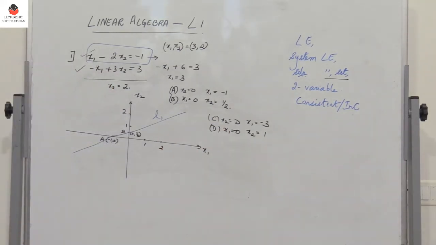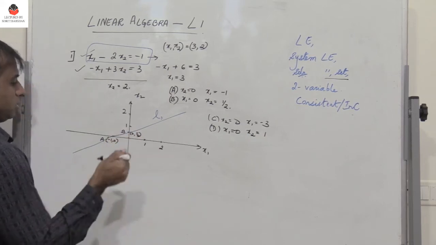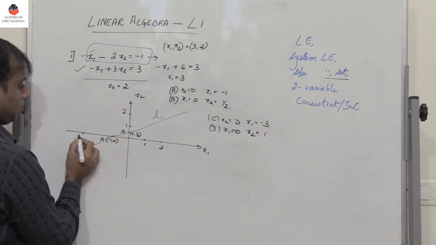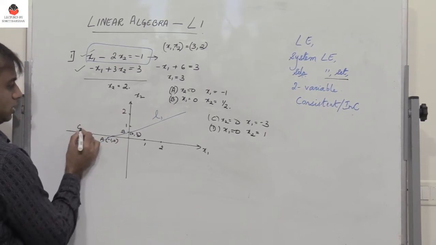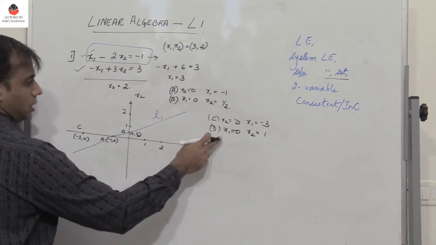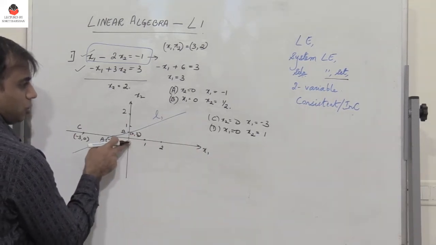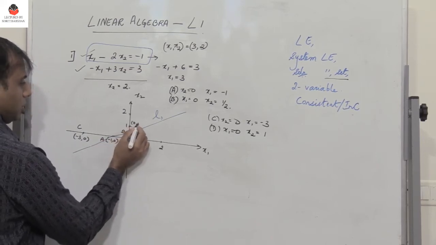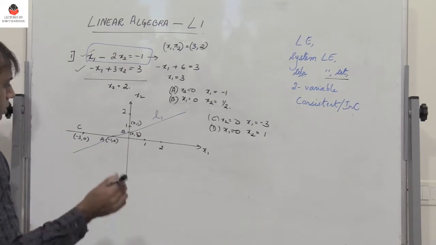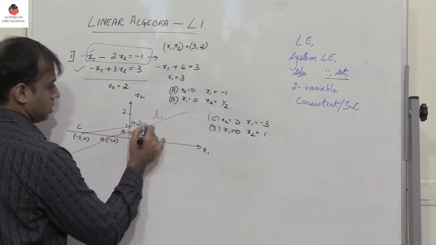When x2 is 0 and x1 is minus 3, I get the point minus 3 comma 0, which is point C. And then x1 is 0 and x2 is 1. So this is the point D, 0 comma 1. Now let me join these two points and let me extend it.